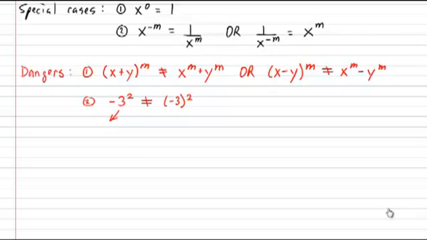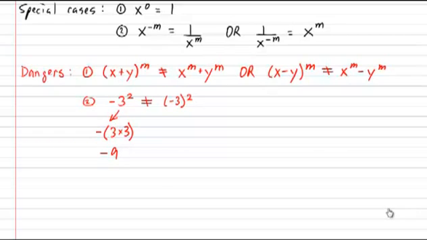The negative 3 squared operationally means the negative of, in brackets, 3 times 3. Because remember, according to BEDMAS, the exponents are done before multiplication. And this results in negative 9.